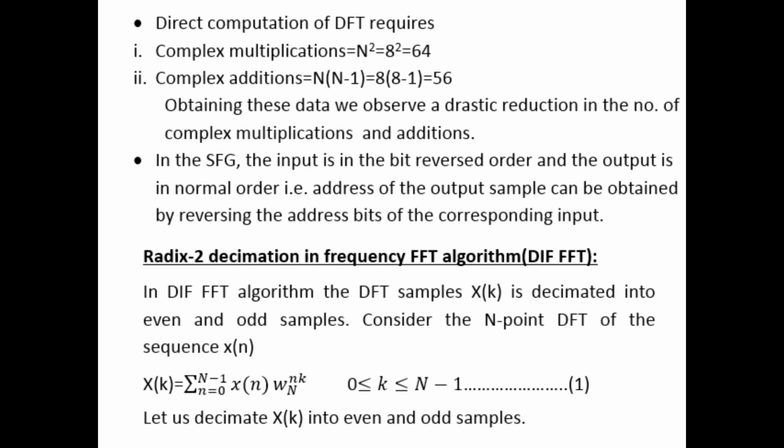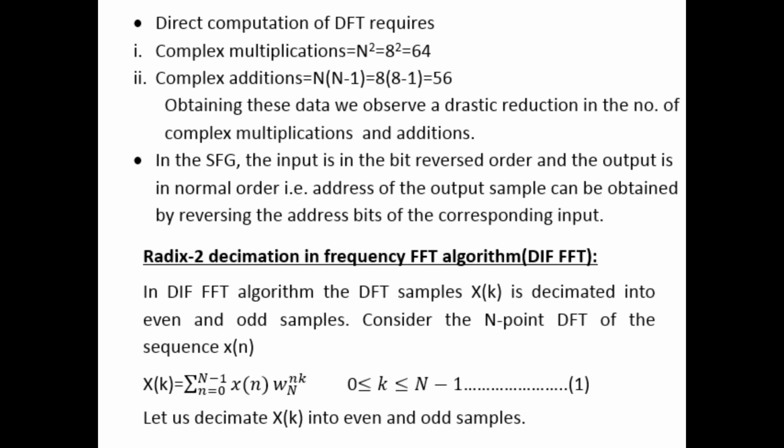Obtaining these data, we observe a drastic reduction in the number of complex multiplications and additions. In the signal flow graph, the input is in the bit reversed order and the output is in normal order. That is, address of the output sample can be obtained by reversing the address bits of the corresponding input.